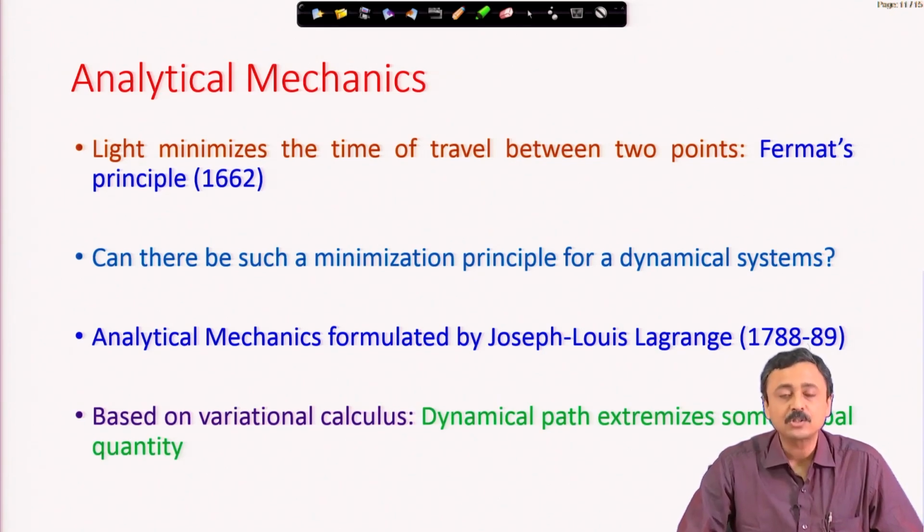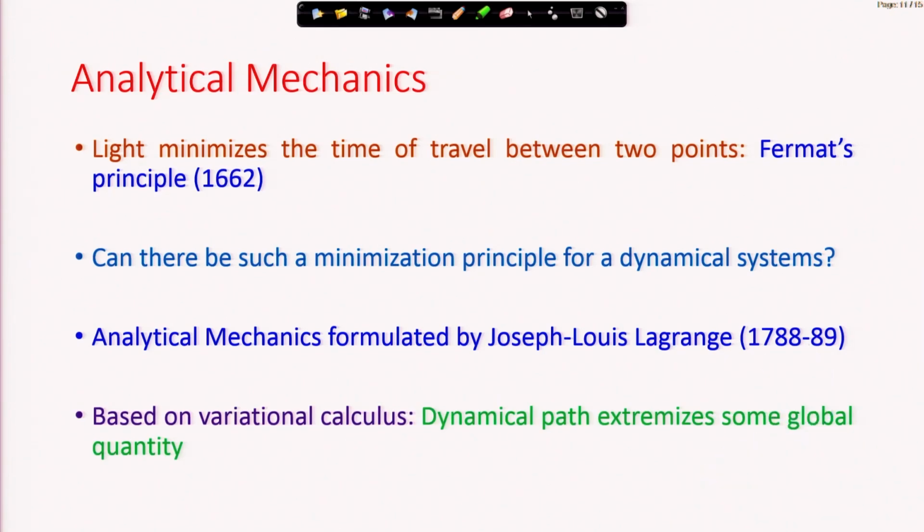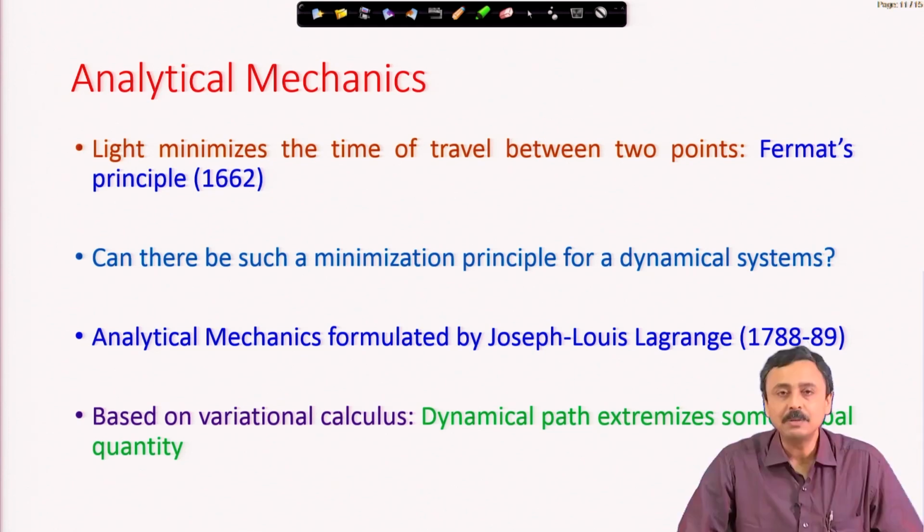Now, this was based on variational calculus. So, finding out dynamical paths, that means the path followed by a dynamical system, that extremize some global quantity, just like light minimizes time. So, similarly, can we find out dynamical paths that extremize some global quantity?